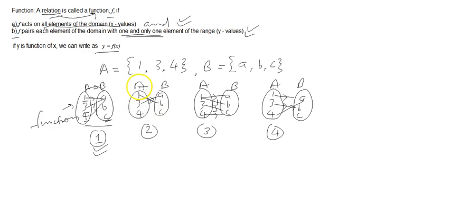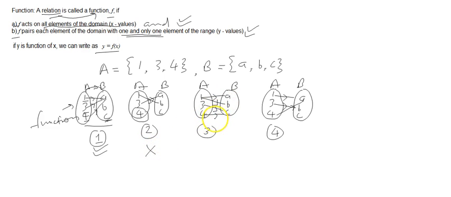Now set A has 3 elements, 1, 3 and 4. 1 has an image, 3 has an image, but there is no image for 4. So that means our first criterion is not fulfilled. So this is not a function.